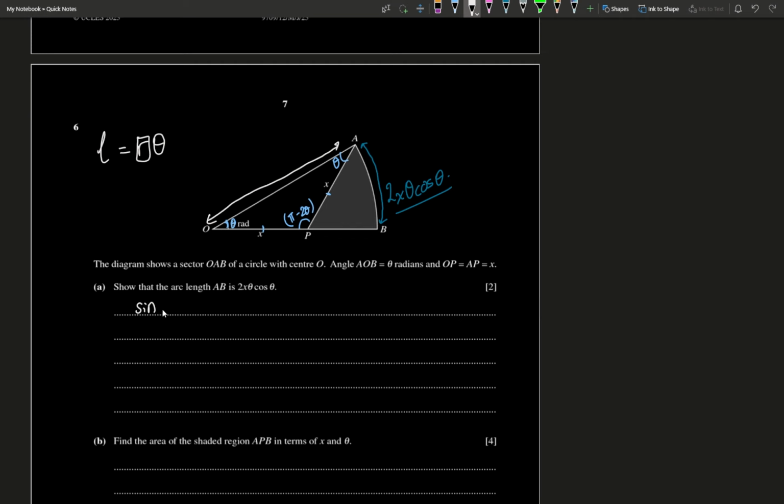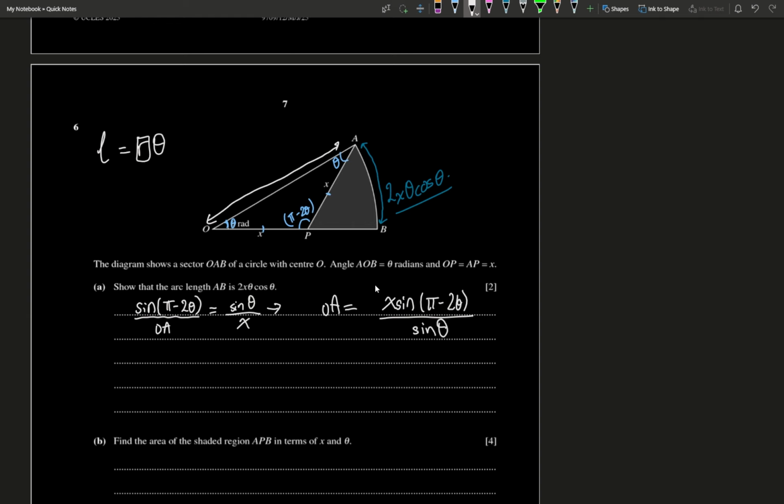The sine of the opposite angle, which is sine of pi minus 2 theta, divided by the opposite side, which is OA, is equal to sine of theta over the opposite side, which is x. So we cross multiply and get OA is equal to x sine pi minus 2 theta divided by sine theta.